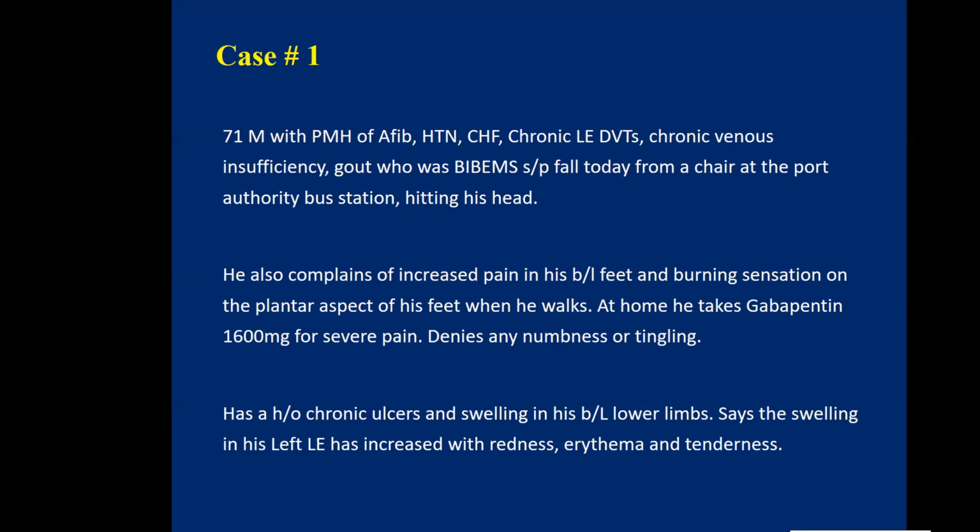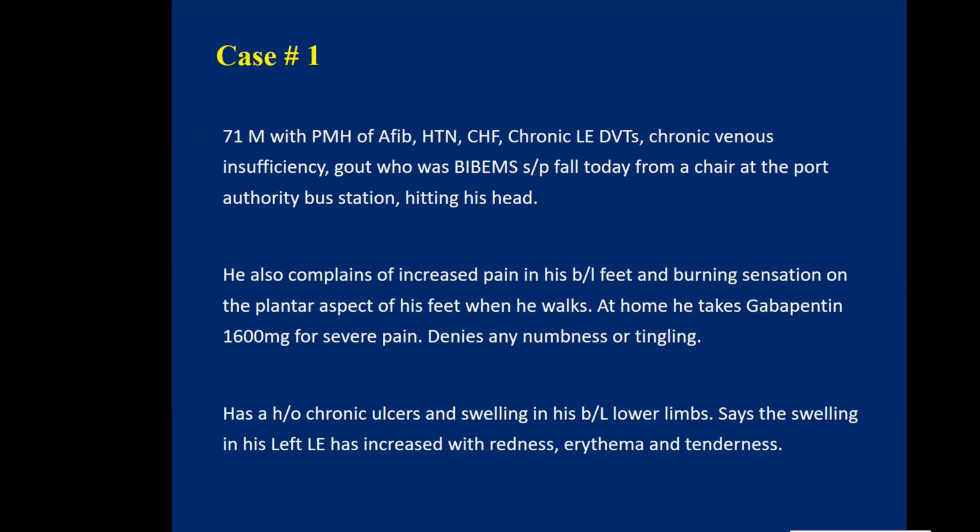He complains of bilateral pain in his feet, burning sensation on the plantar aspect of his feet when he walks. At home, he takes gabapentin, a very high dose for severe pain, denies any numbness and tingling. He has a history of chronic ulcers and swelling in his bilateral lower extremity limbs, and he follows with vascular surgery.